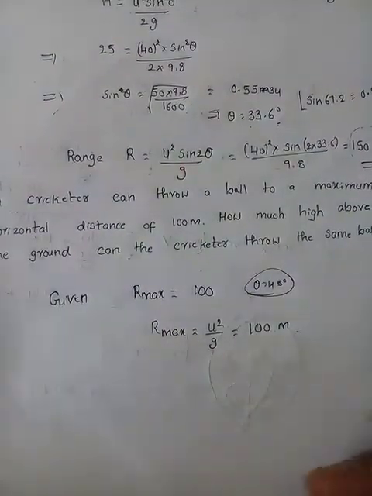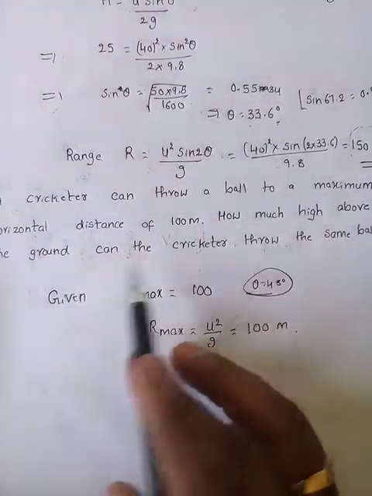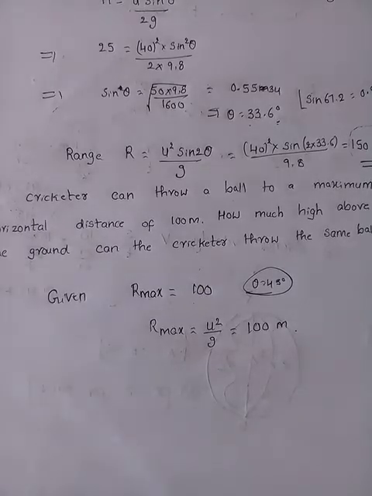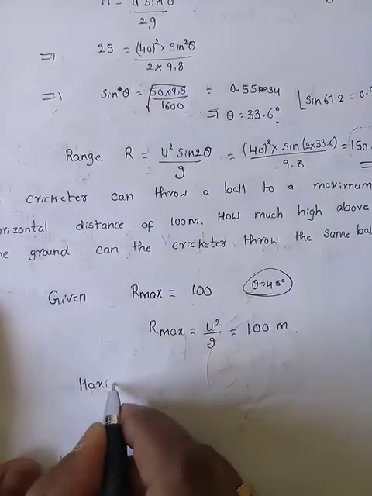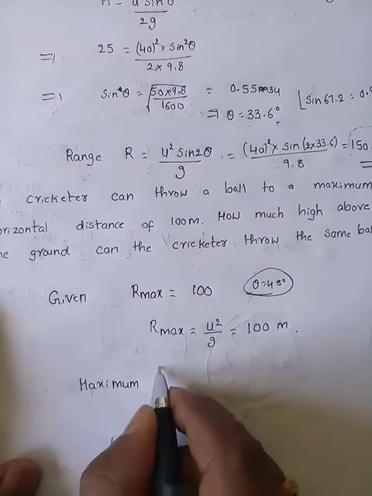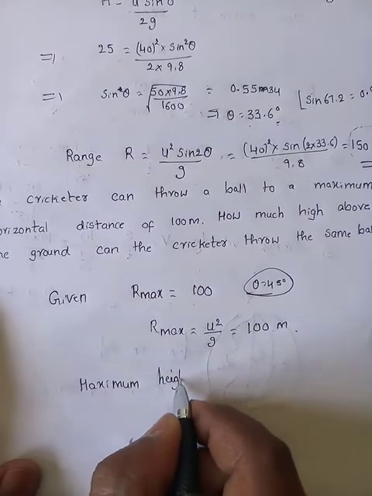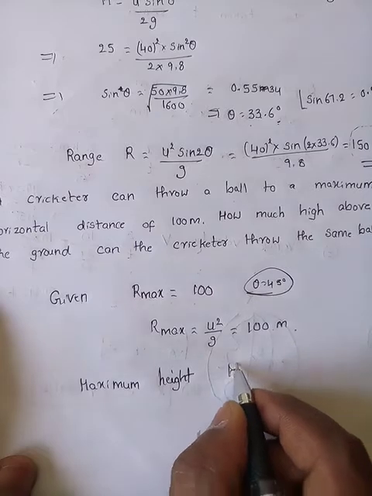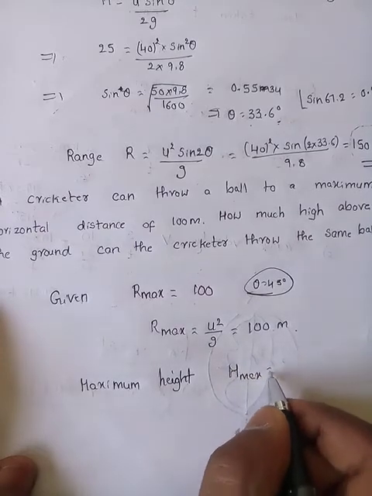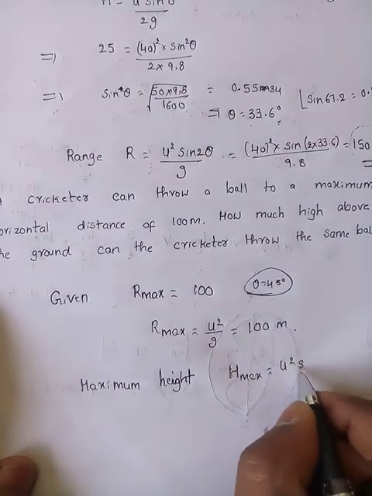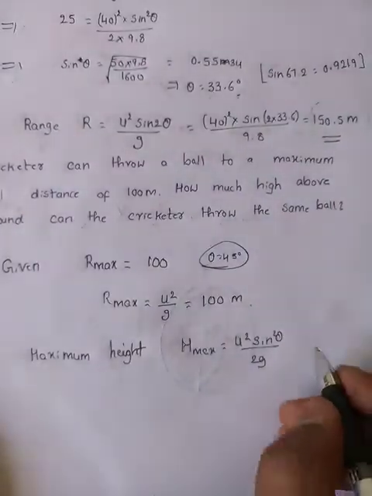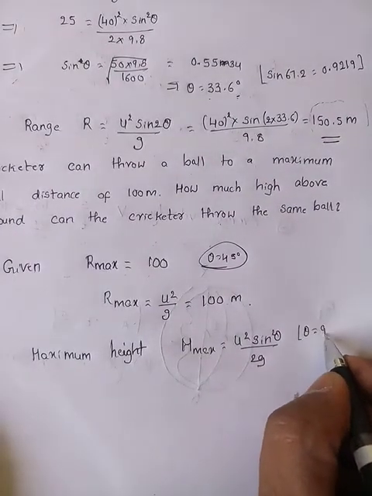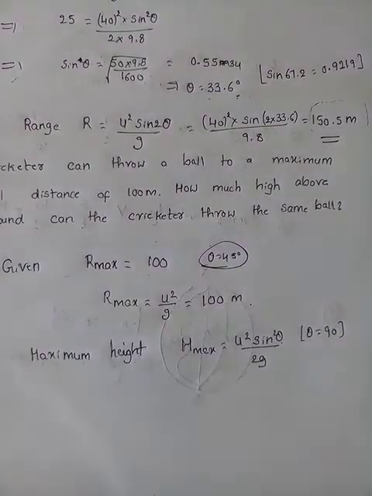Now, what are they asking here? How high above the ground can the cricketer throw the same ball? Maximum height formula: H maximum is u² sin²θ / 2g. For H to be maximum, theta should be 90, and sin 90 is 1.